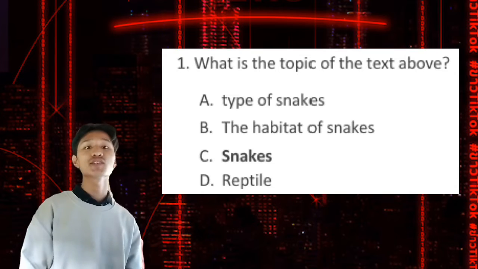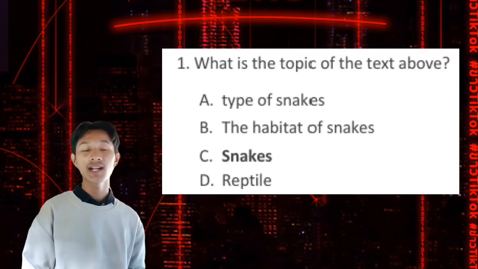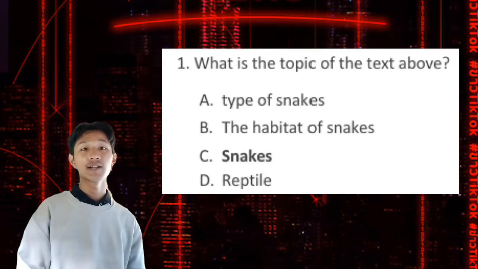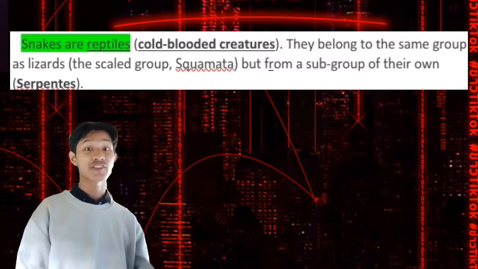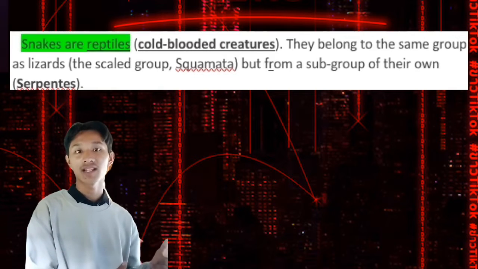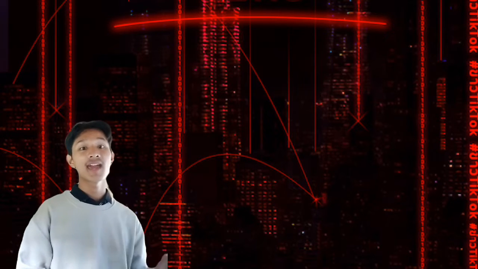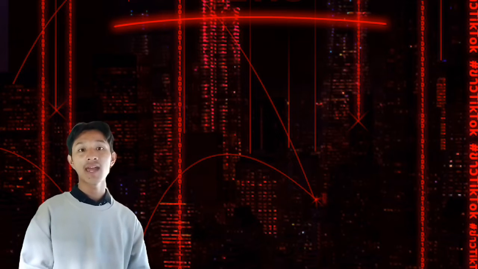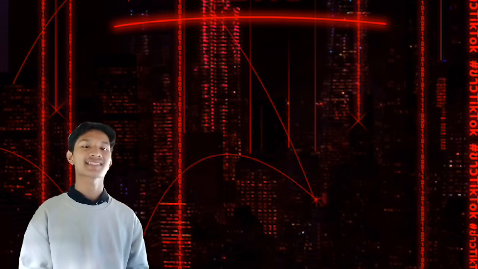And we can use the scanning skill to find the correct answer. It's about the snake. We can read the first sentence, snakes are reptiles. So we can get the main idea, and the topic is snakes.